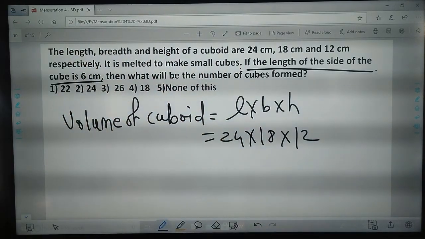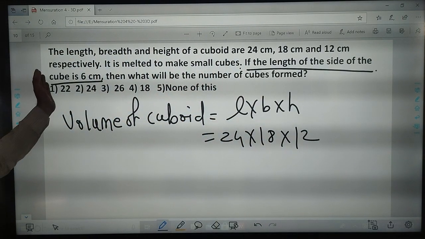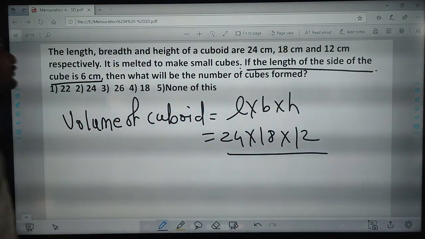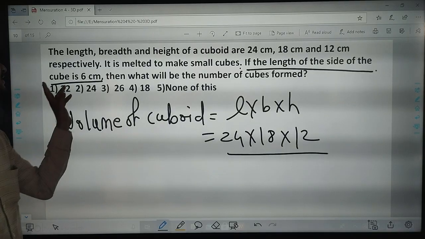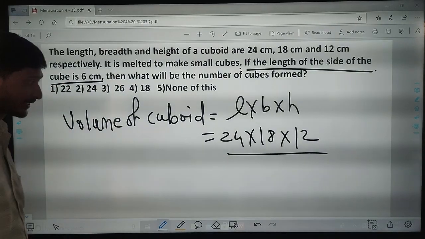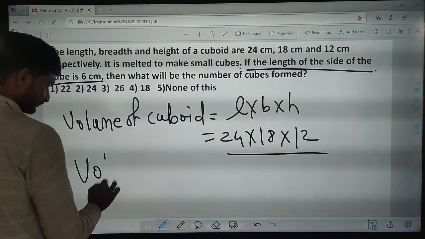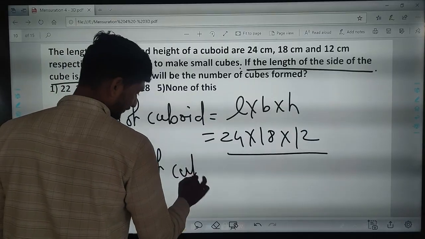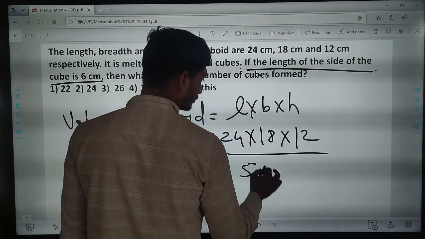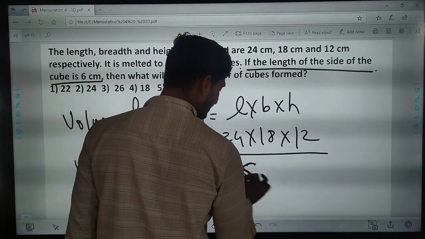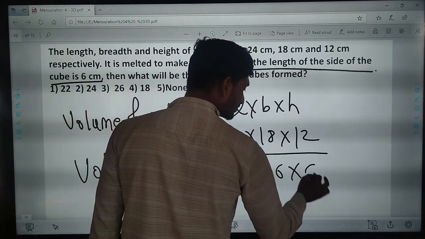This volume is divided by the volume of a small cube. The volume of a cube is a cube; the side of the cube is 6 cm, so the volume of the cube is 6 into 6 into 6.